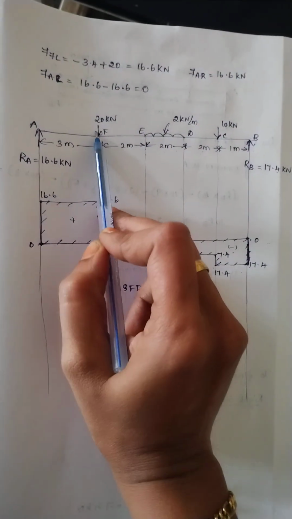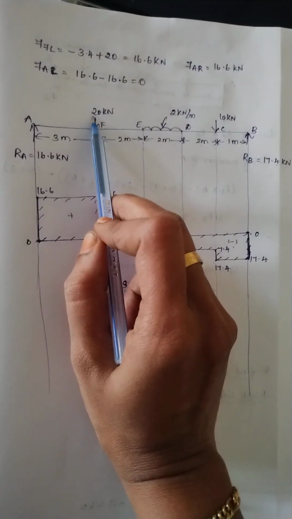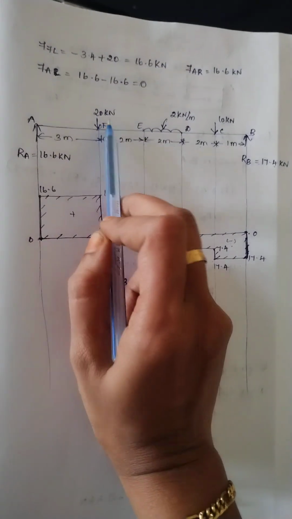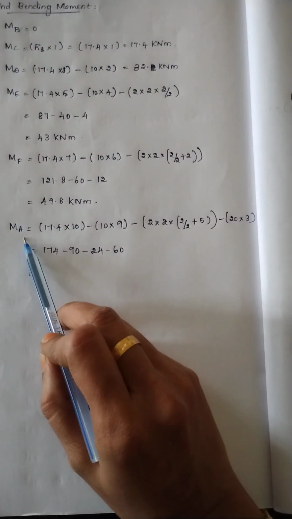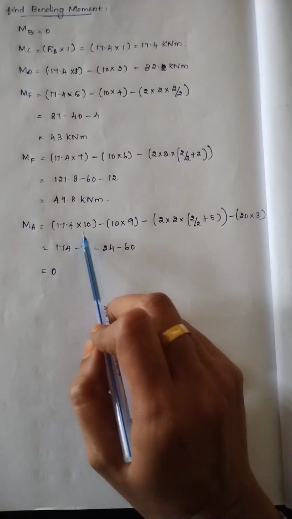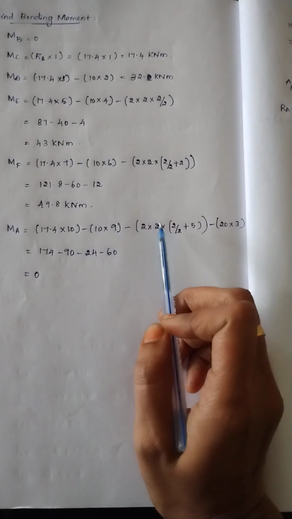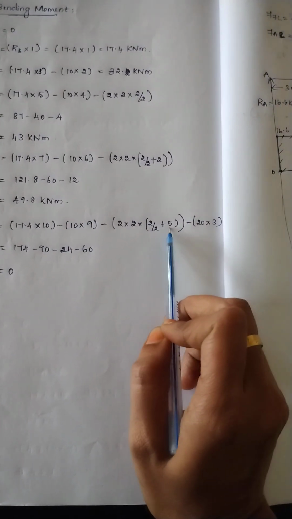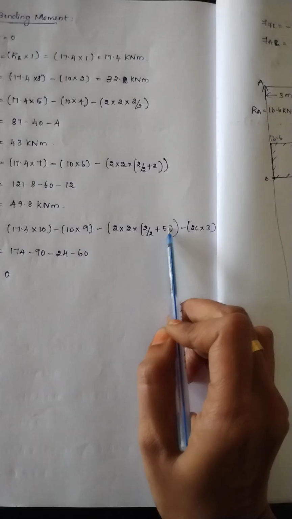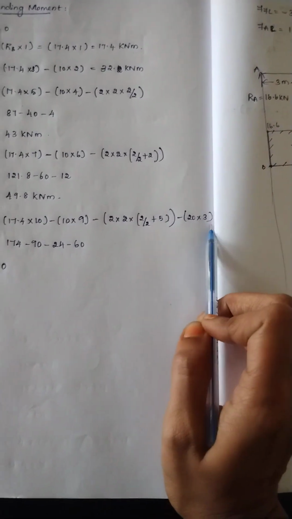Minus the point load at F is acting downward, therefore negative sign, minus 20 into distance from F to A is 3. Moment at A point: 17.4 into 10 minus 10 into 9 minus 2 into 2 by 2 plus 5, the distance from E to A point, minus 20 into 3.